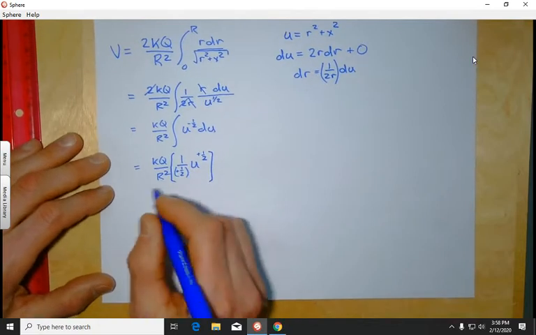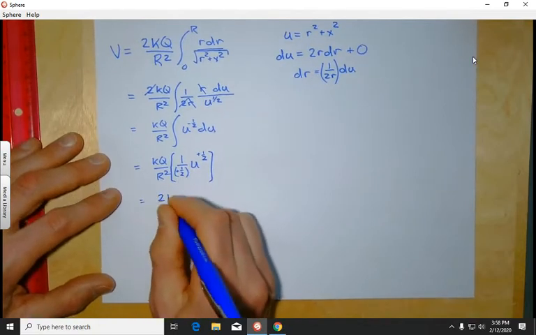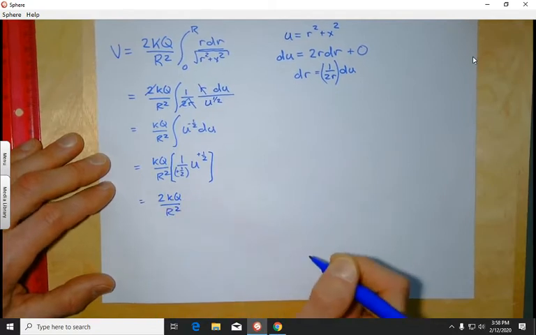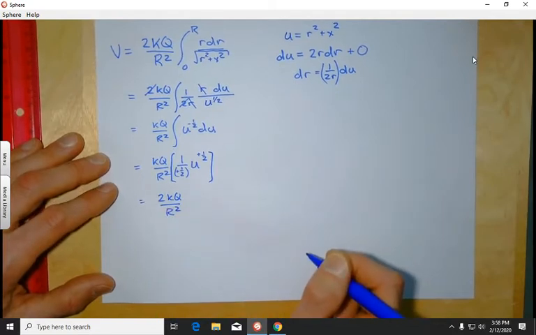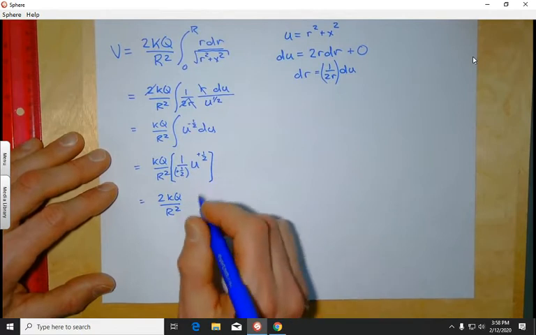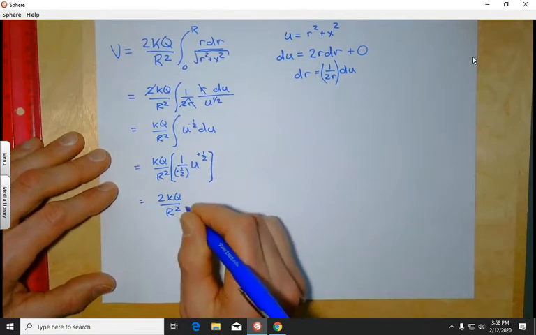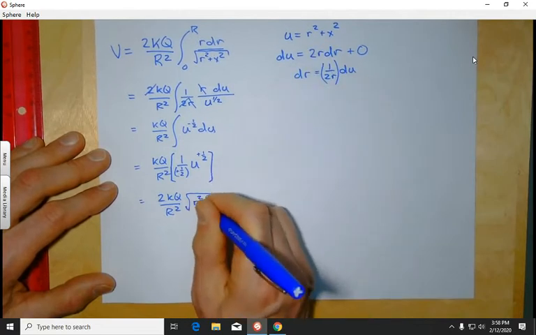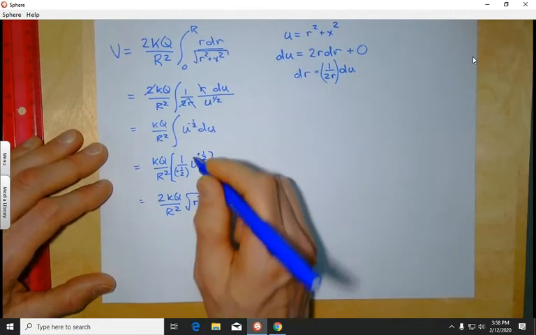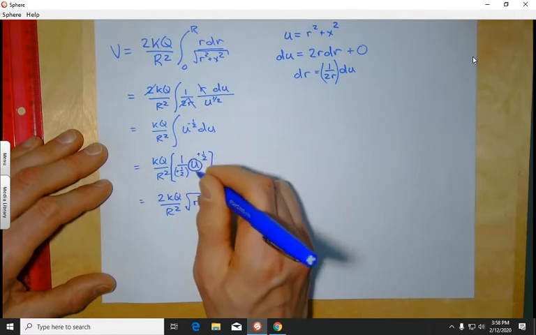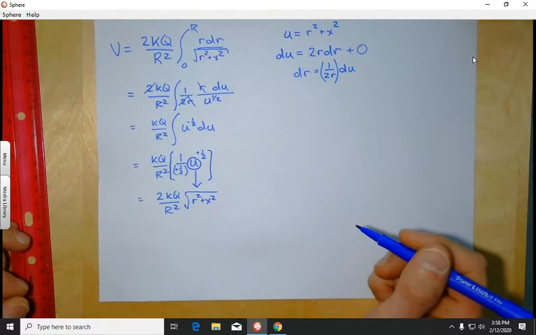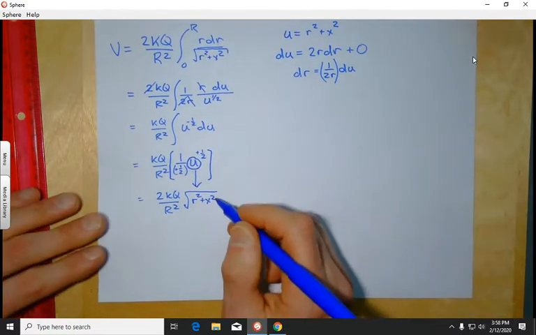And of course that just becomes 2kq over r squared. And then u, I'm not going to write u again, I'm simply going to write r squared plus x squared, right, because that was our substitution. And so there, I just solved the integral by substitution.